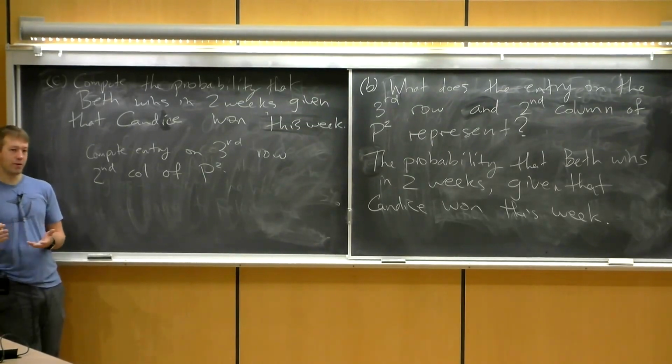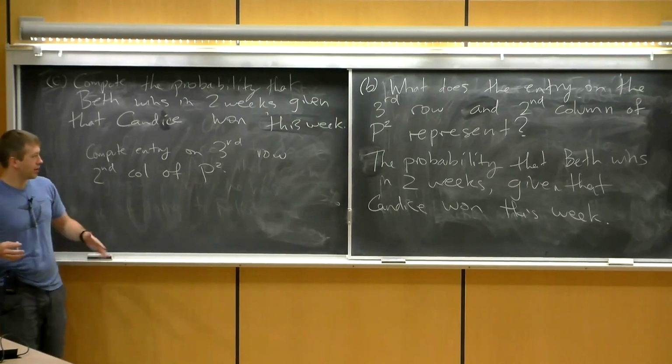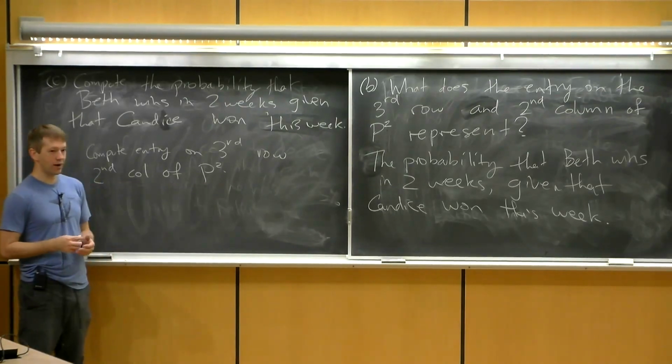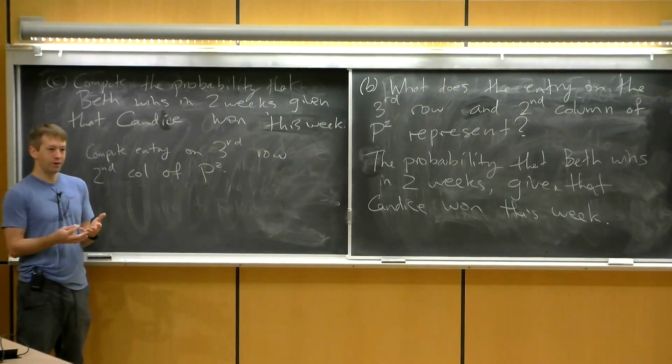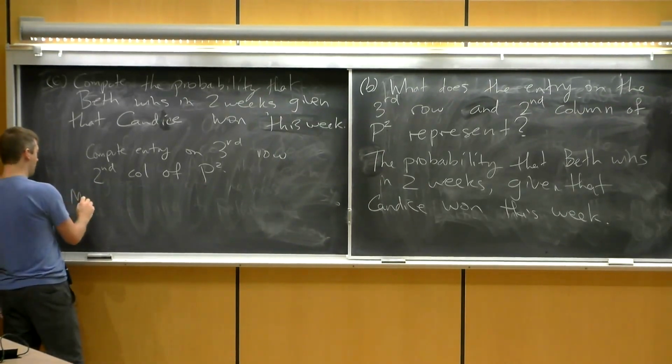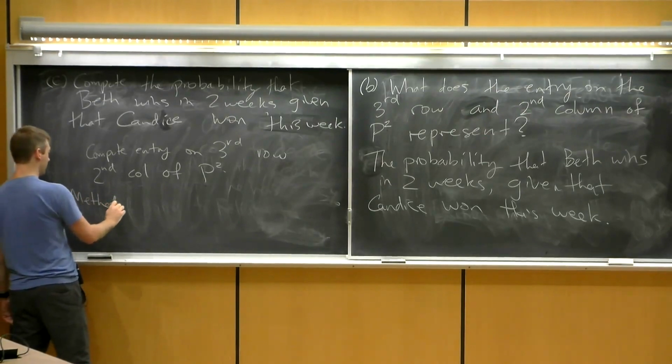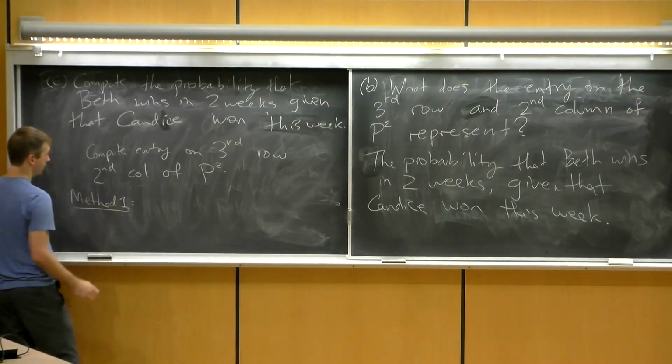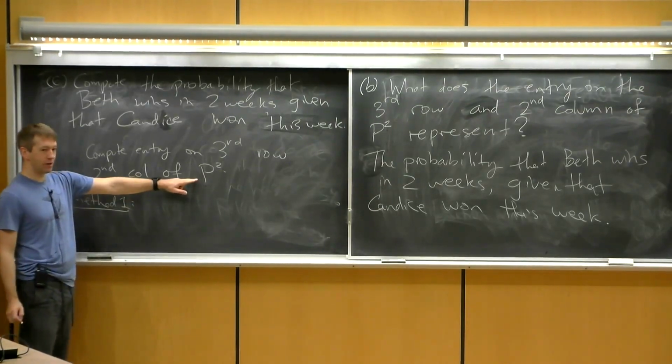Here's one way you might want to do that. If you want to know an entry of P squared, one way is method 1: you could compute the whole P squared.